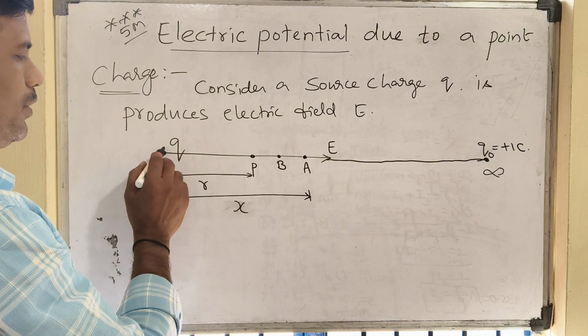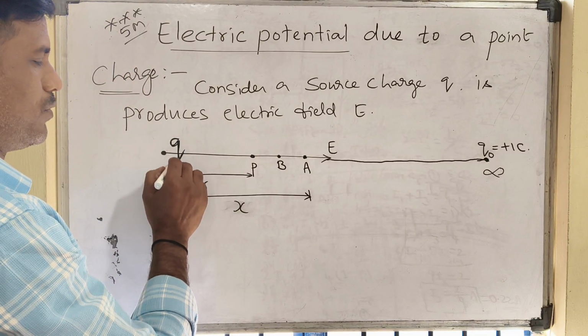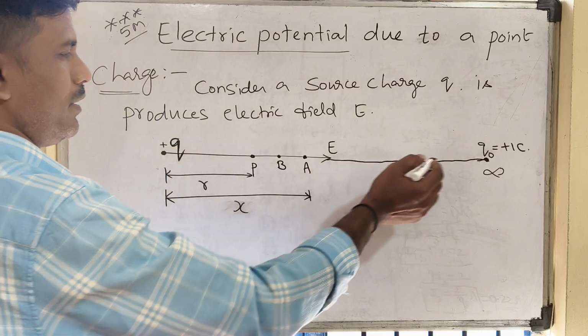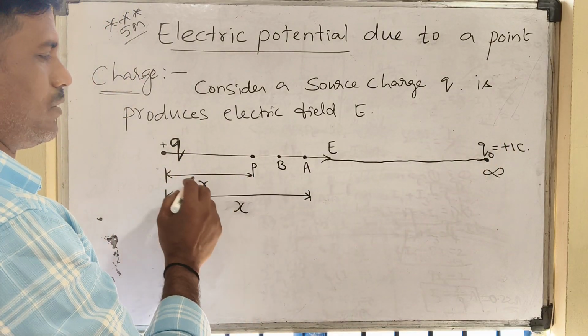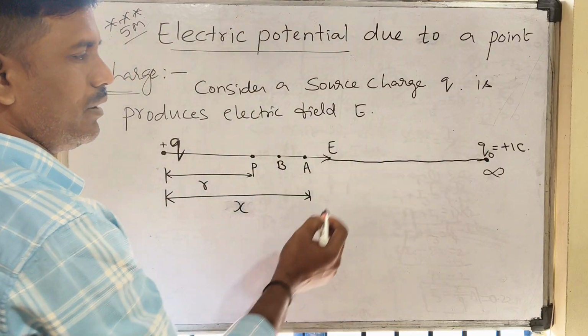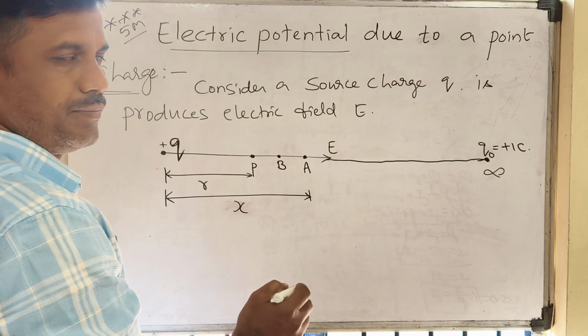Why? Because the source charge is positive and the test charge is also positive, so both repel each other. That's why up to here there is no opposition force, so the work is zero.